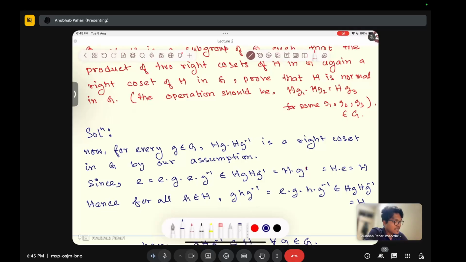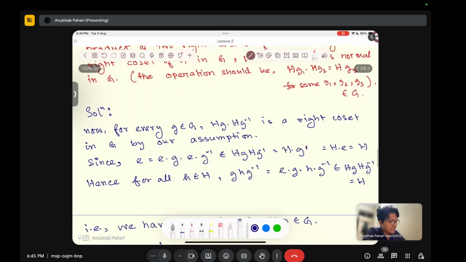Sorry, can you tell me again? Sir, E belongs to Hg inverse, as you have written here, and E also belongs to H. So we have a theorem that right cosets form a partition. You are right, it is a good proof, and I should have mentioned this.